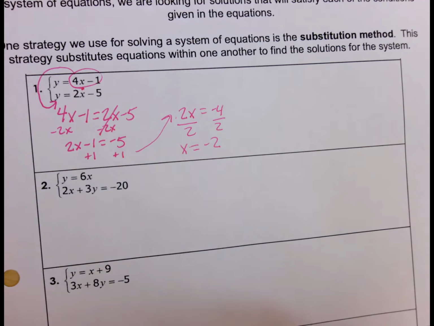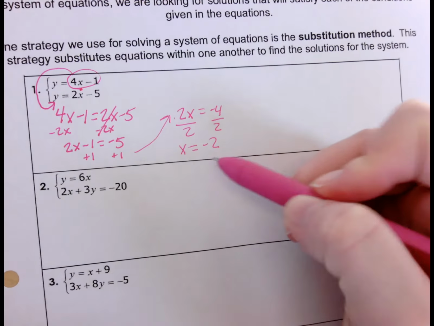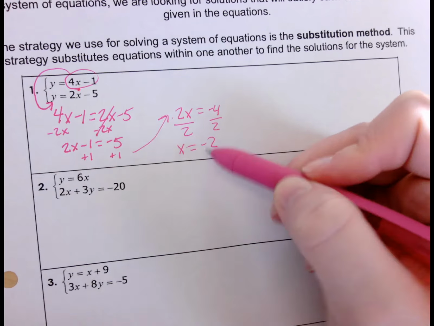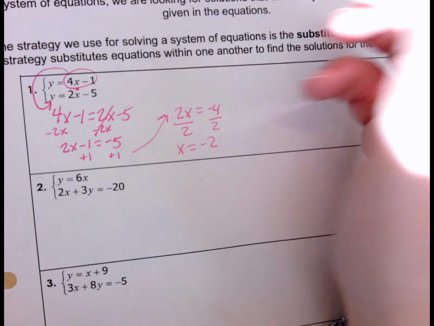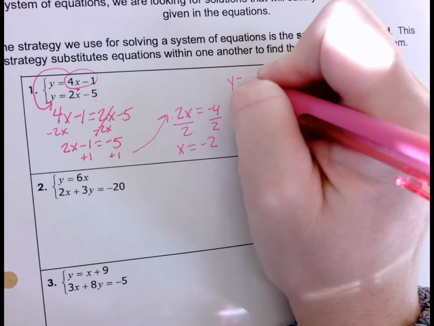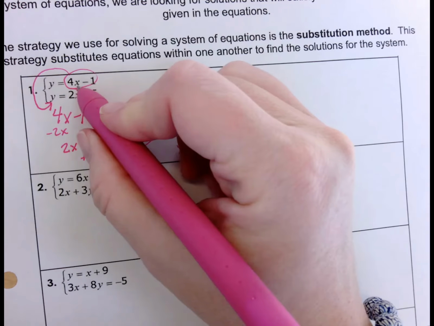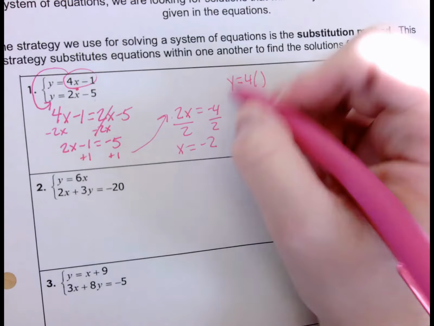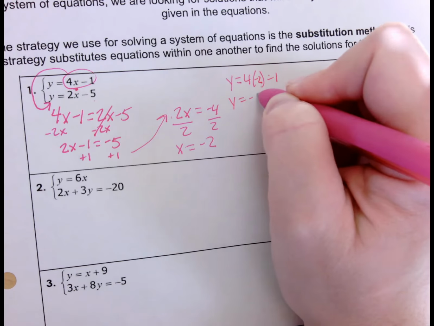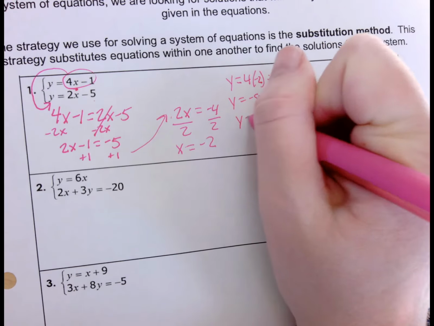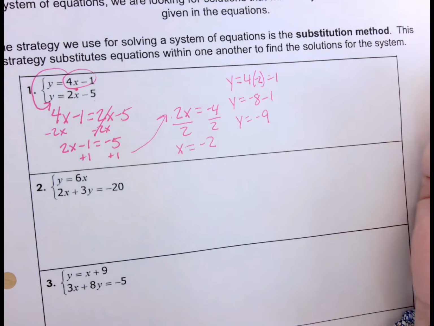All right, so now I know what one of these variables is, so I can take it and plug it back into either one of these equations to find the correct answer. So that's what I'm going to do. y is equal to 4, and instead of x, I'm going to plug in the value negative 2, minus 1. So y is equal to negative 8 minus 1, and if I subtract that, I get negative 9.